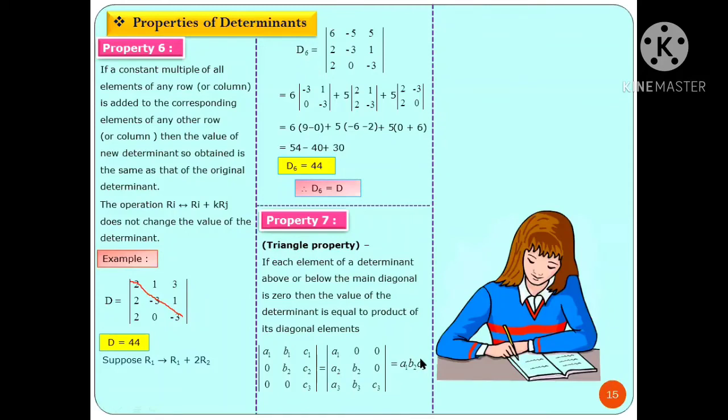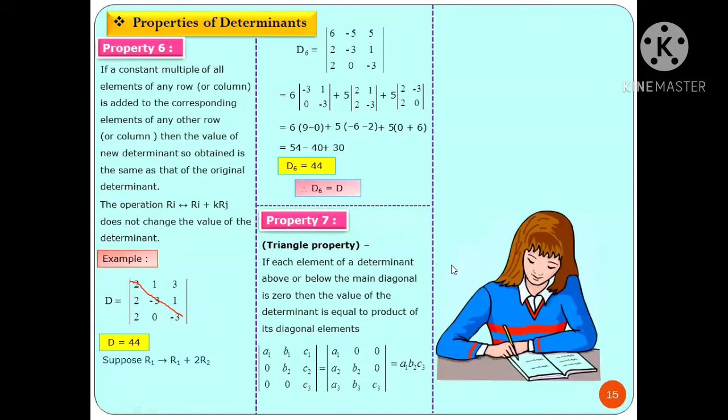One more thing is also possible: the elements below the diagonal as well as above the diagonal are both simultaneously 0, meaning only the diagonal elements exist in that determinant. Then also the value of the determinant is the product of the three diagonal elements, A1 into B2 into C3.